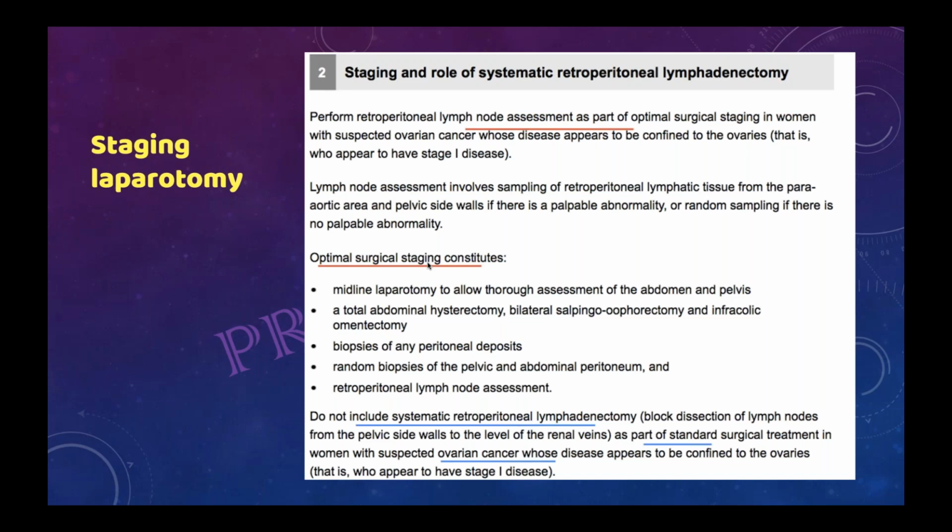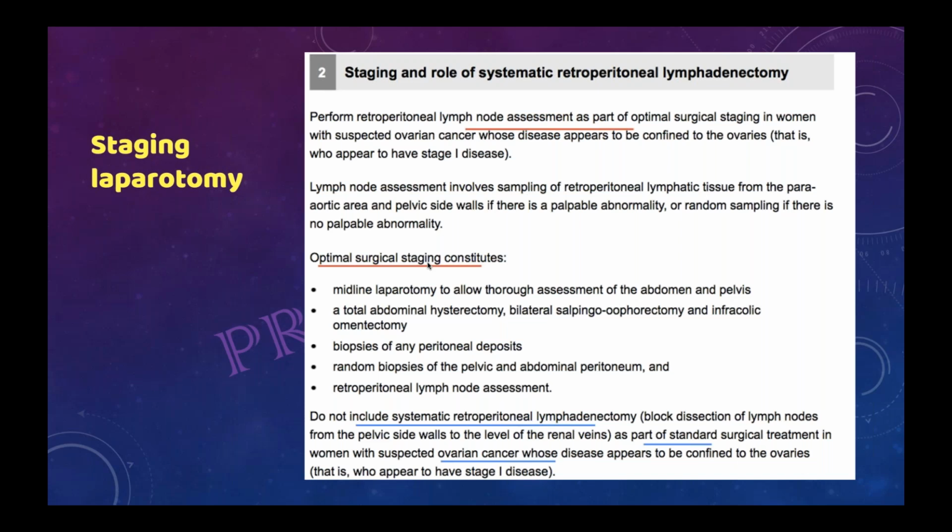So what is the meaning of optimal surgical staging? It will be midline laparotomy, thorough assessment of abdomen and pelvis. There will be total abdominal hysterectomy, bilateral salpingo-oophorectomy, and infracolic omentectomy. This part you have to remember because people make mistakes here. Biopsies of any peritoneal deposits, random biopsies of pelvic and abdominal peritoneum, and retroperitoneal lymph node assessment.